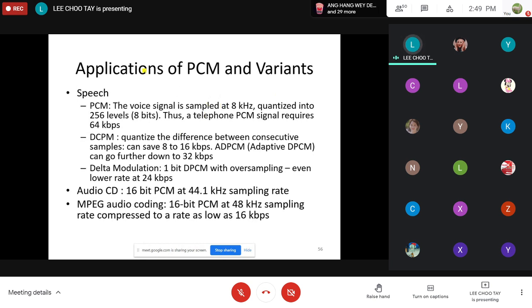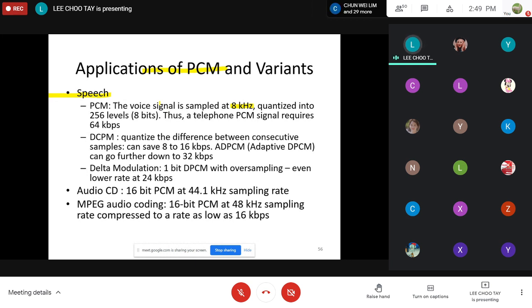The application of PCM and its variants. As far as the speech signal is concerned, we normally sample our signal at 8 kilohertz. Why 8 kilohertz? Because the voice signal normally is somewhere between 0 to 5 kilohertz.